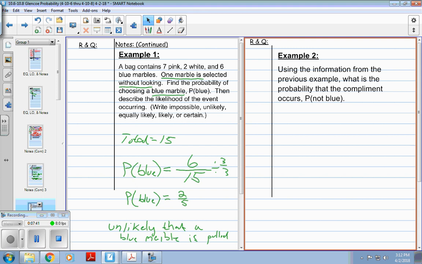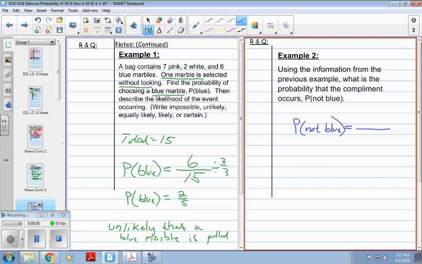So moving on, we have example 2. And in this example, we're going to find the complement. So what is the chance that we pull something that's not blue? So the probability of not blue happening. Okay, so with the probability of not blue, how many marbles in the bag were not blue?